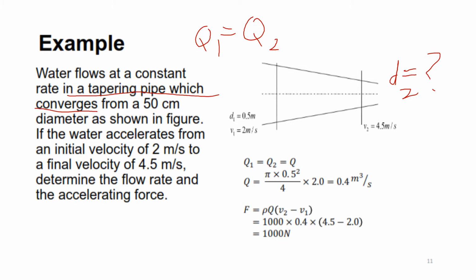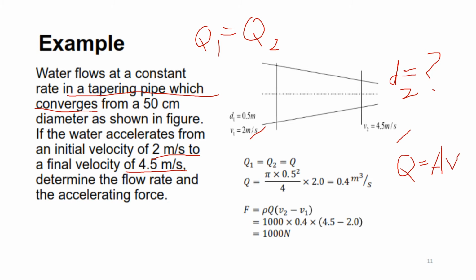And then the water accelerates from an initial velocity of 2 to a final velocity of 4.5. So we know V2 and V1. Determine the flow rate and the accelerating force. So we know that Q1 equals Q2. The formula of Q, still remember, Q equals area times velocity.